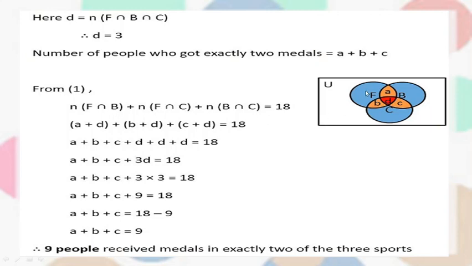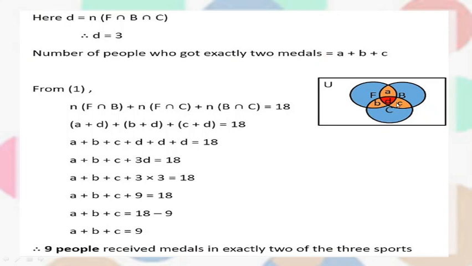Now F intersection B is what? F intersection B means a plus d, and F intersection C means b plus d, and B intersection C means c plus d, because d is the common area in all the regions.